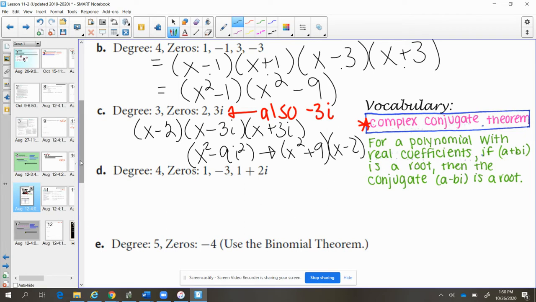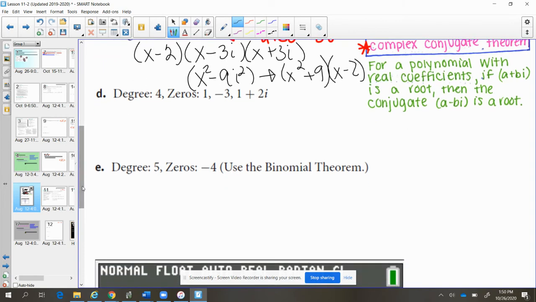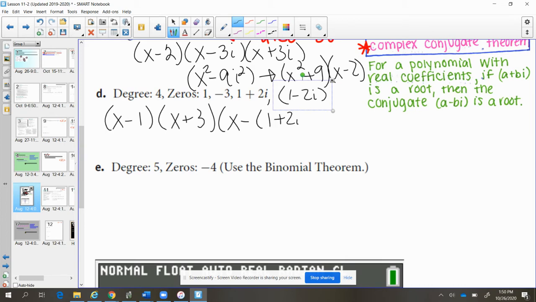Now, this next one, again, with our zeros, they're officially only giving us 3, but again, we know that 1 minus 2i also has to be a zero due to that complex conjugate theorem. So we have x minus 1, x plus 3, and then x minus 1 plus 2i, and then x minus 1 minus 2i.